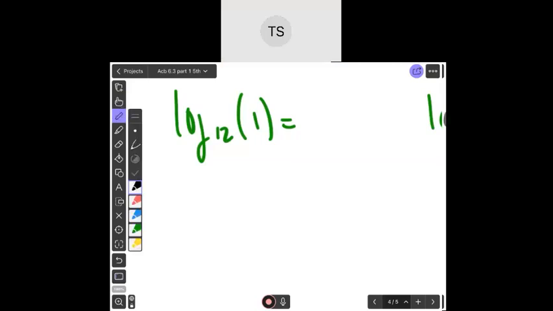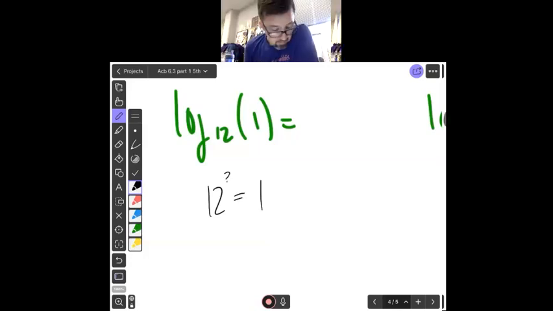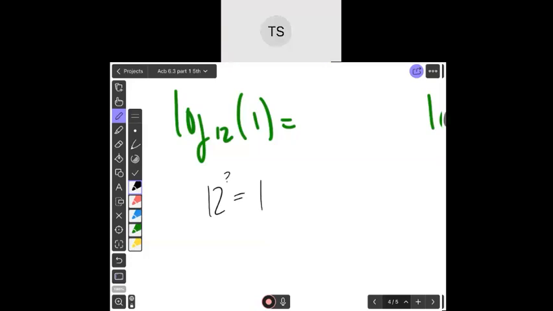So close. You said power of 12 to the what equals 1. 12 to the power of what equals 1, Tiger? 0. Yeah.